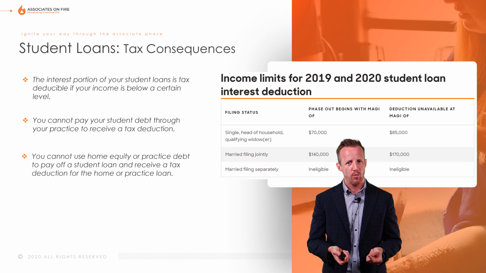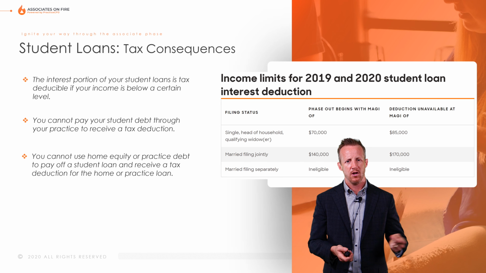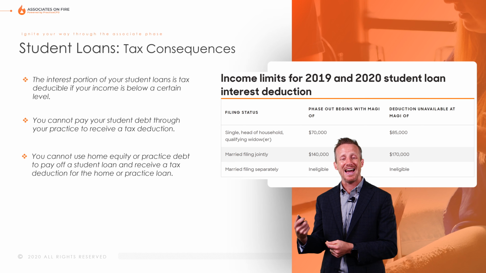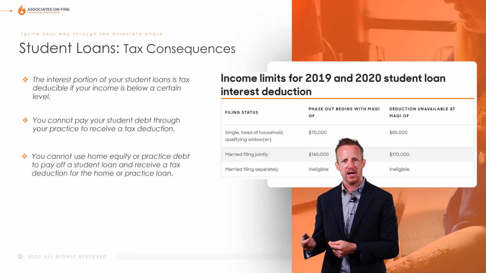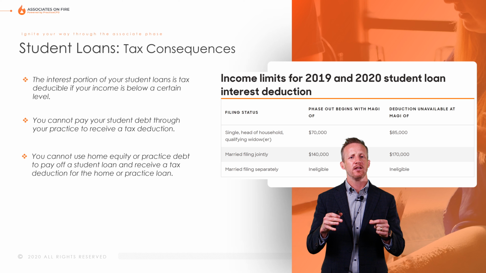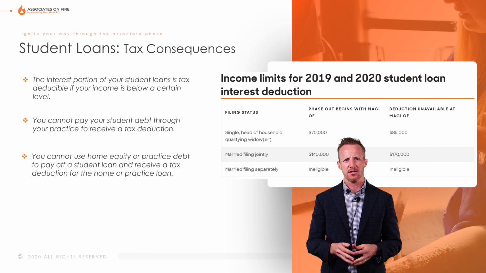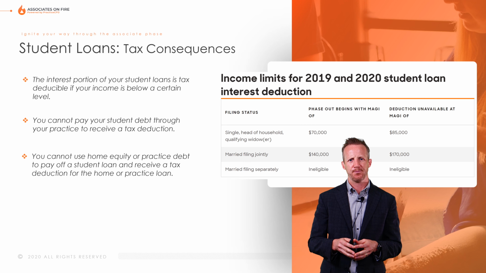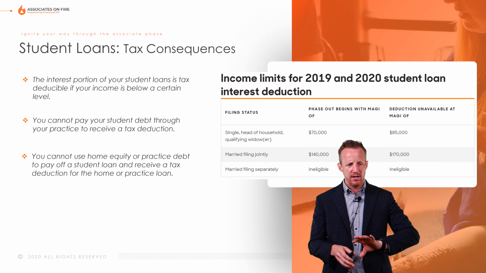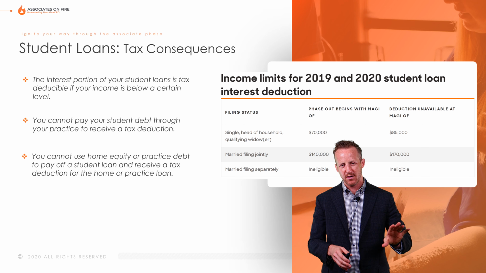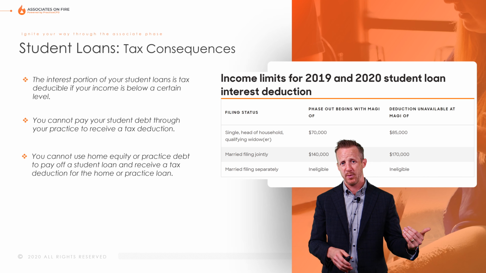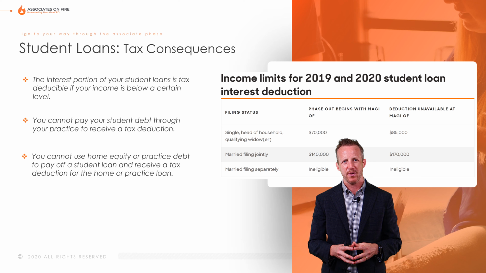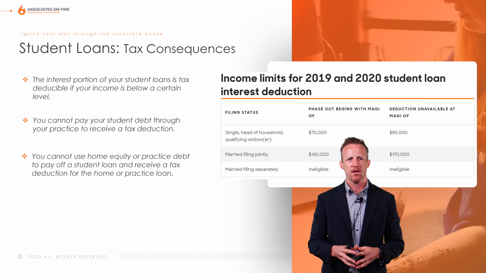You can use your home equity to pay off a student loan, or you can use cash in the practice to pay off your student loan, but you're not going to receive a tax deduction for doing that. They used to have old rules around using up to $100,000 of home equity. You still got a tax deduction for it, and you could go pay off your student loans. Well, they've changed that recently under the Trump administration tax changes, among a lot of other changes there.